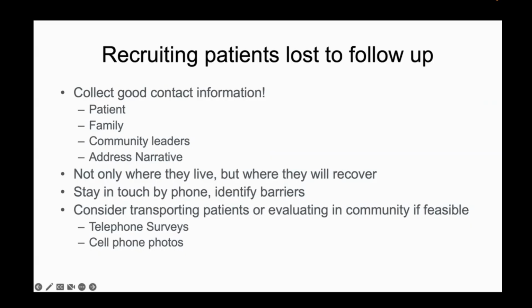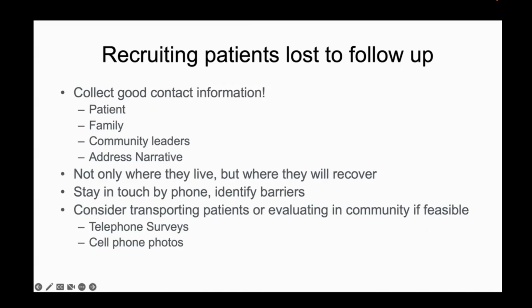Not only where they live, but where they will recover from their injuries. Staying in touch by phone and identifying potential barriers as they come up, and considering transporting patients or providing them a stipend for transfer back if they're coming from a distance. Are there ways in which we may be able to leverage technologies like cell phone photos and telephone surveys that may be valid surrogates for the outcomes that we're interested in collecting on these patients?